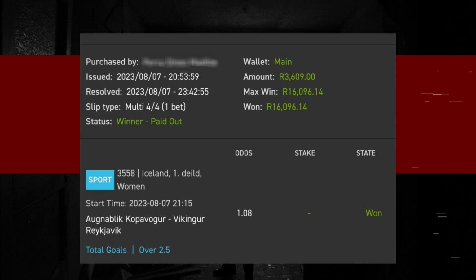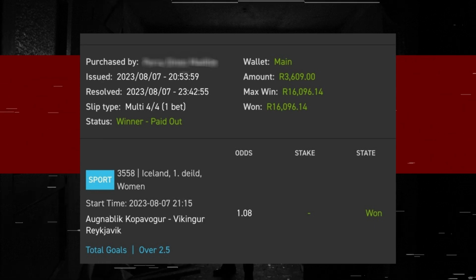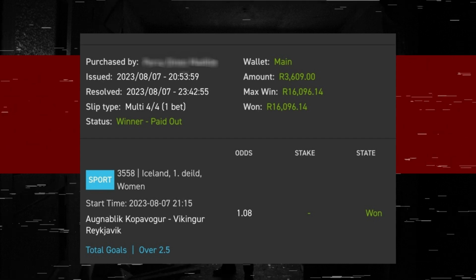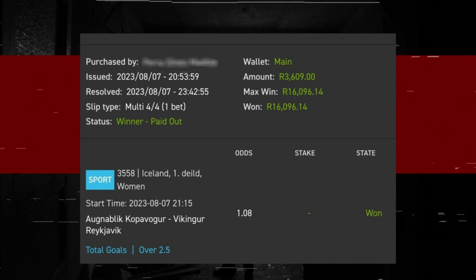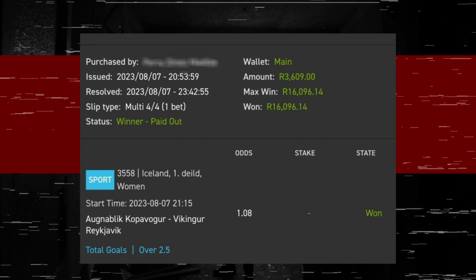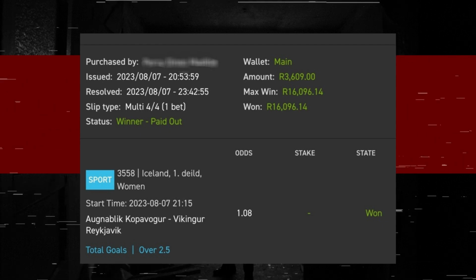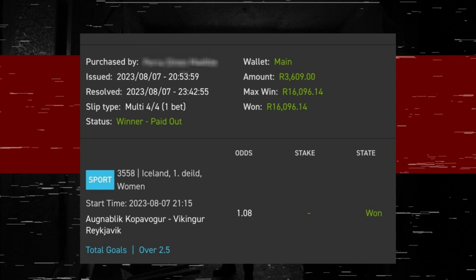I need to make sure that I go and I get it right. Now look at it. The first slip, I got 1.08 because I wanted to get extra percentage. Remember, the more teams you play, the extra percentage you get. Now here, the beauty was that this team ended 4-2. I knew it's a high scoring team because it's ladies, but I wanted to make sure.